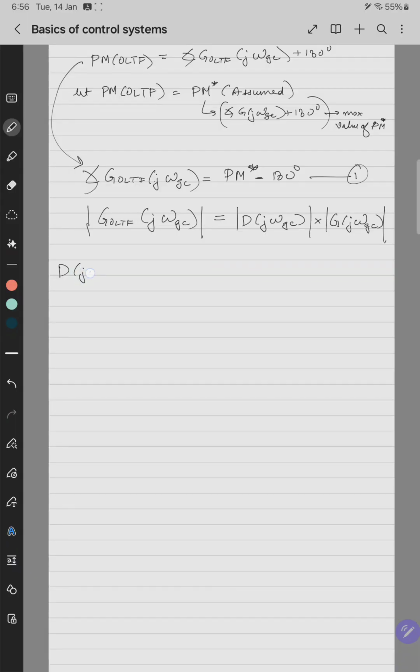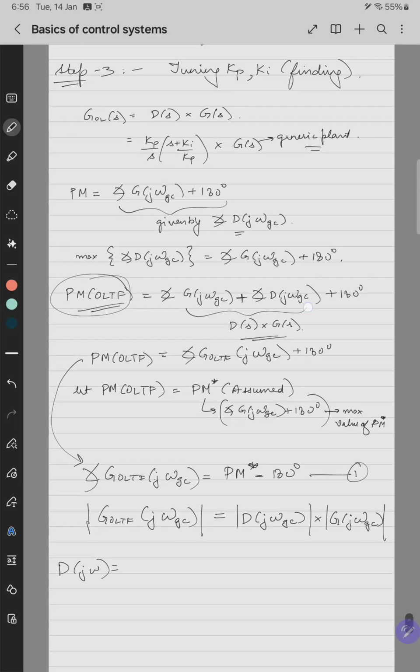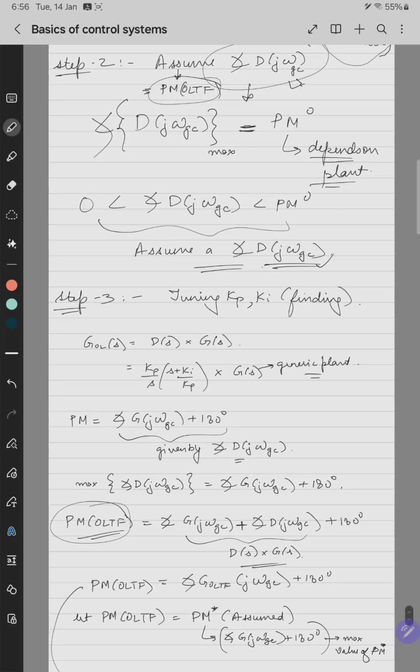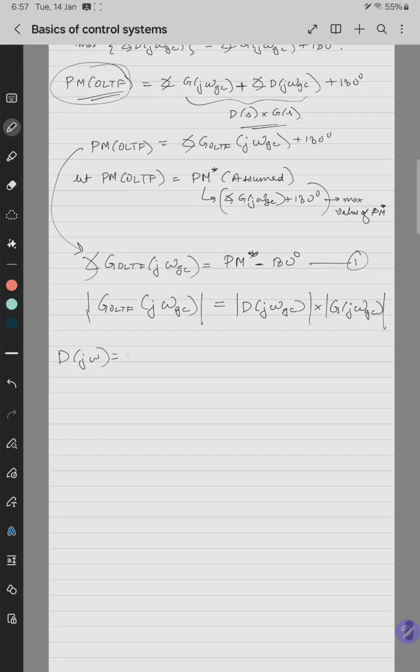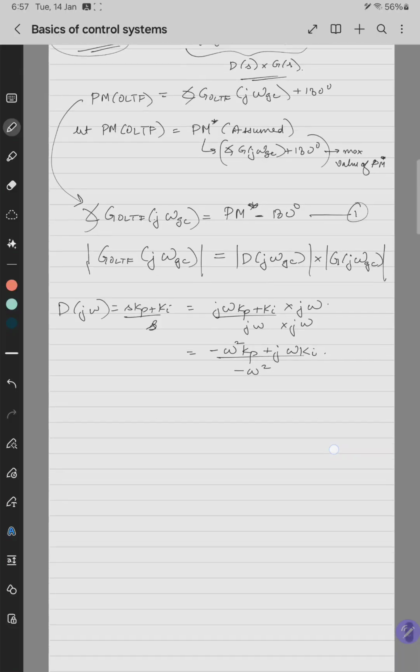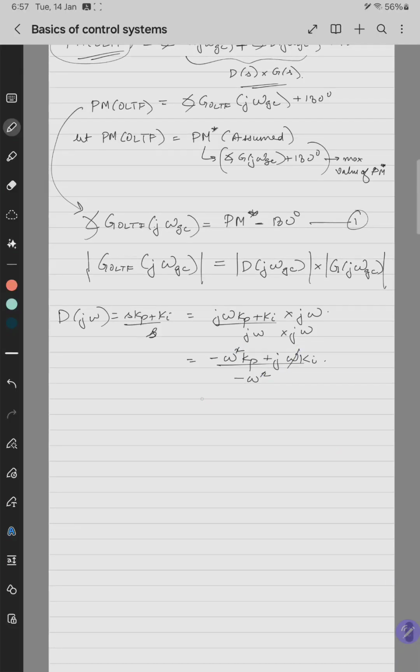So D of j omega, what was it? Kp by s into s kp plus ki by s. So j omega kp plus ki by j omega into j omega into j omega. j squared is minus 1, so it will be minus omega squared kp plus j omega ki. Omega, this square and this square will get cancelled.